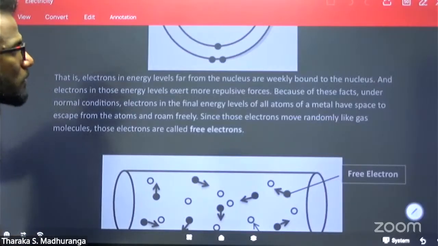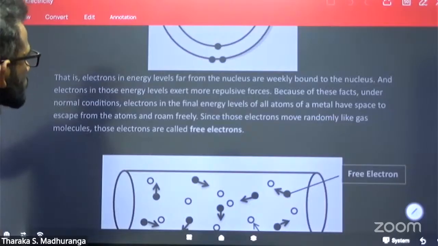are weakly bonded to the nucleus, and electrons in those energy levels exert more repulsive forces.